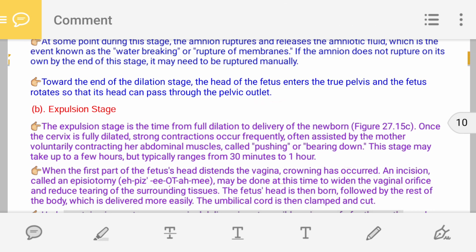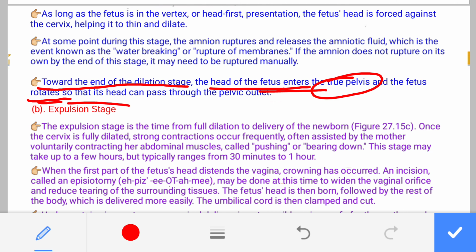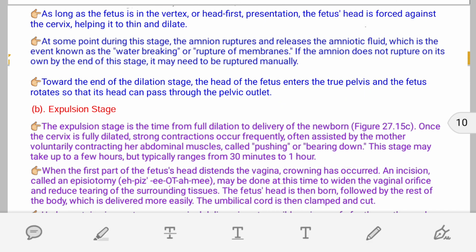Now towards the end of the dilation stage, the head of the fetus enters into the true pelvis, and now the fetus head is rotating, so that it can easily pass to the pelvic region.